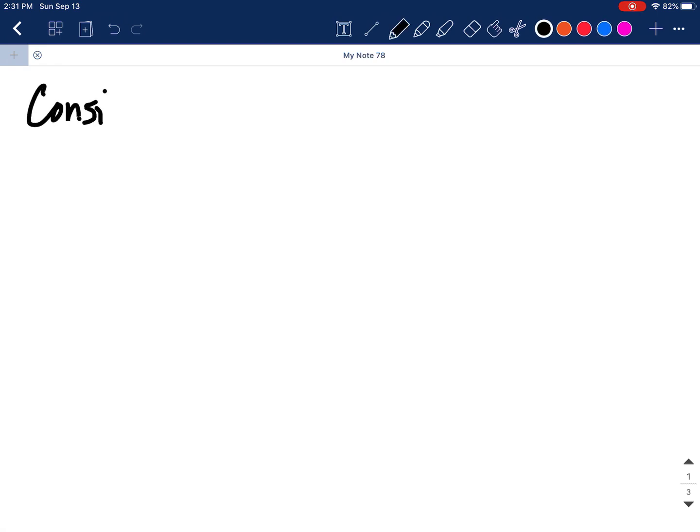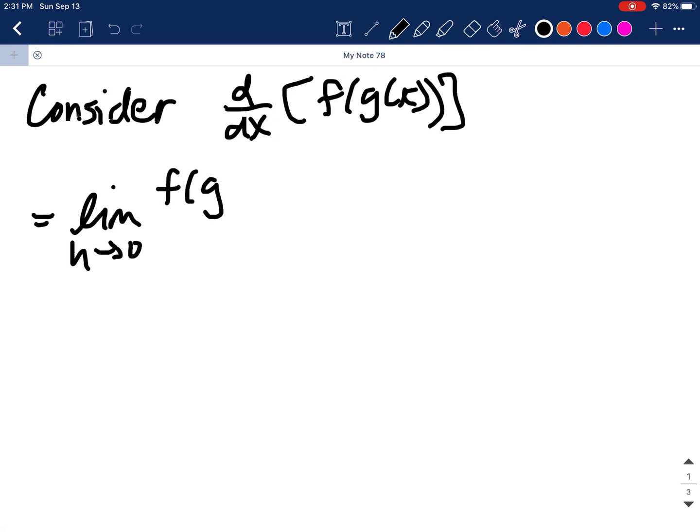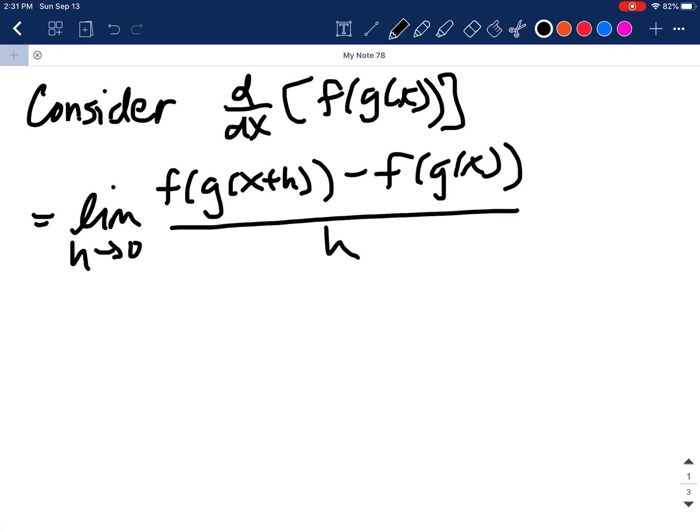So let's consider the derivative with respect to x of f of g of x. So that is going to equal the limit as h goes to 0 of f of g of x plus h minus f of g of x all over h. So now we're going to use those formulas that we had above there.